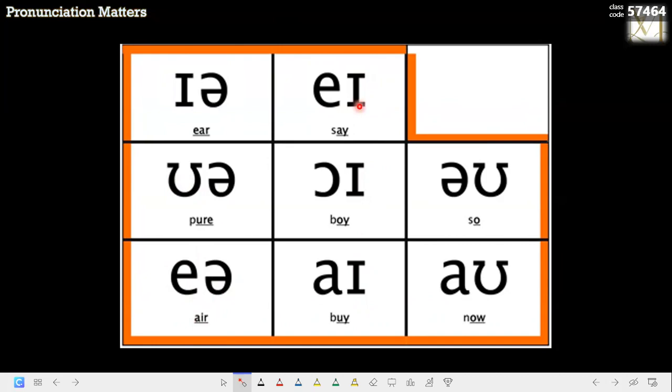Okay, so we say /eɪ/, /ɔɪ/, /aɪ/. The last vowel here is /ɪ/.